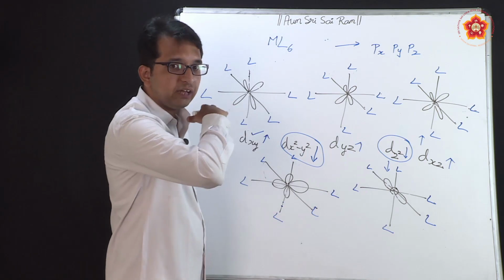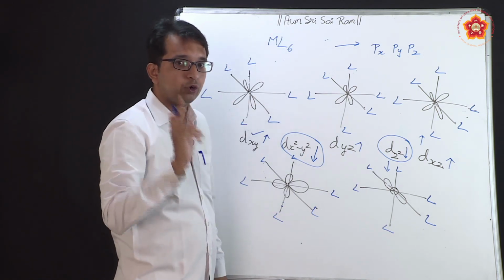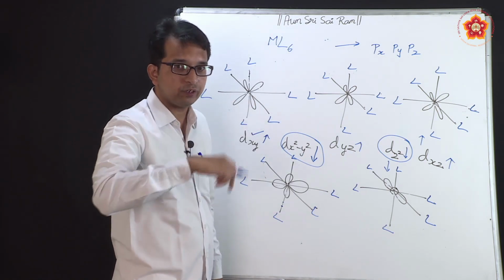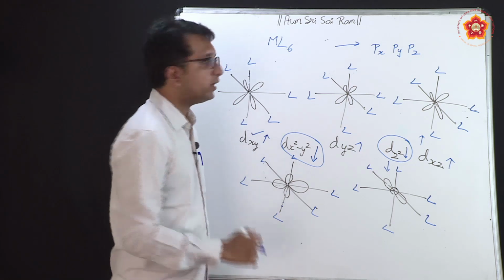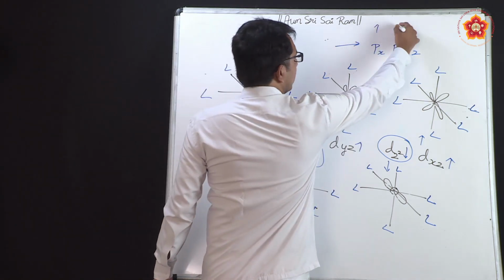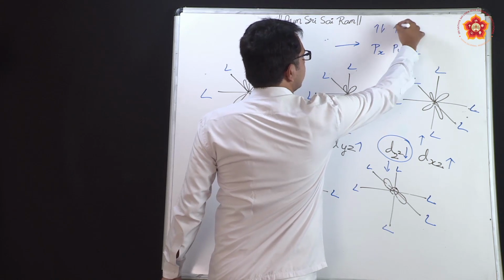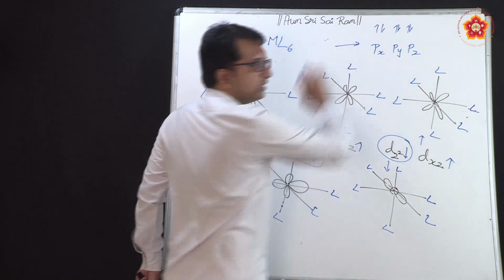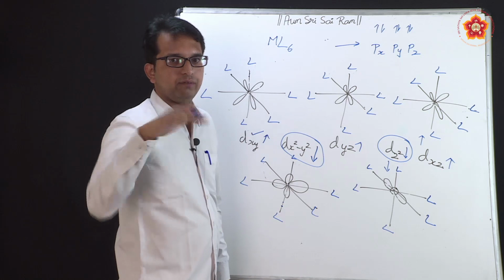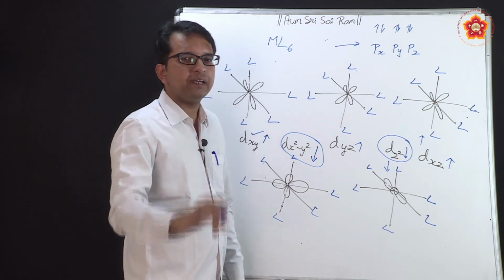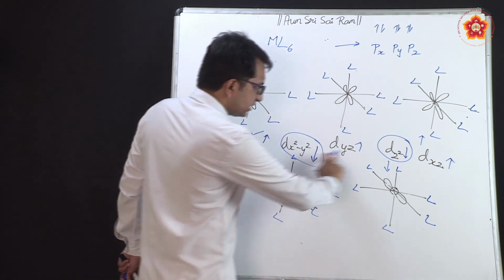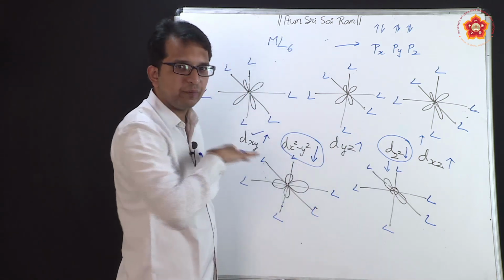But all these 3 have the same energy level. Always remember, you are going to apply Hund's rule and the Aufbau principle whenever you are filling electrons. And how do you fill electrons? You first fill here 1, 2, 3 and then you pair it up, because all these 3 are in the same energy level. Similarly, we believed that d, which has 5 different types, are in the same energy level.